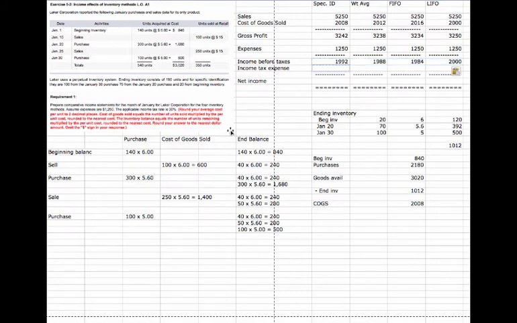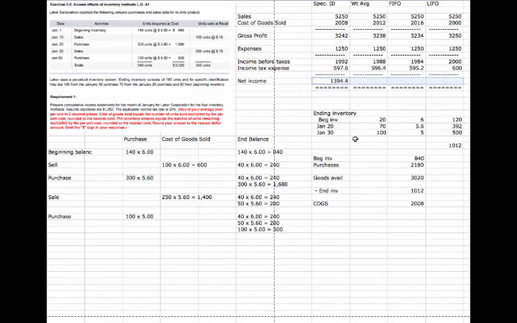Now the income tax expense, the calculation is how much is your income before taxes times the tax rate. And the tax rate is 30%. So we're going to take the income before taxes times 30%. Then we can copy that to all the other methods so that our net income will be the difference between our income before taxes minus our income tax.